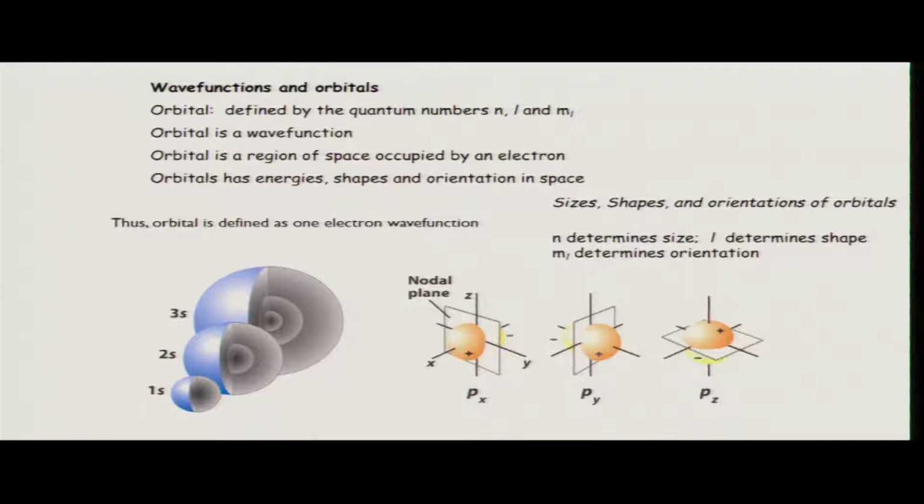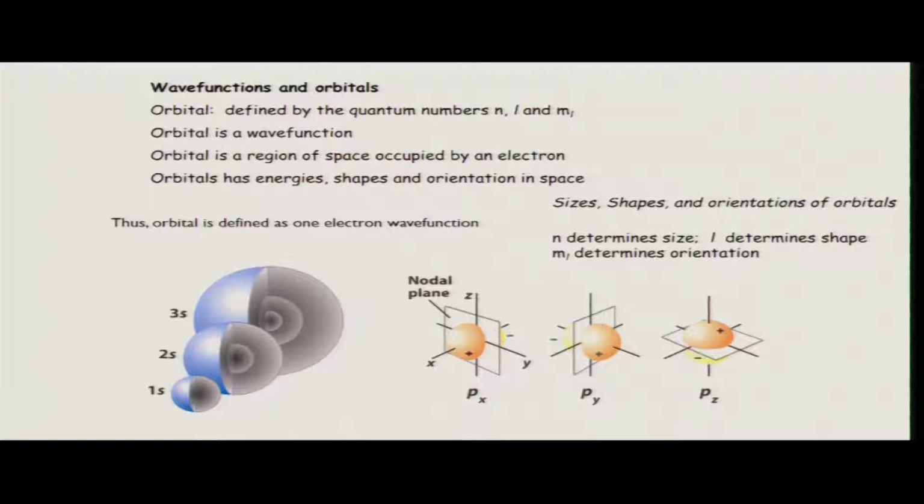Generally speaking, wave functions and orbitals are defined by their quantum numbers n, L and m sub L. An orbital is a wave function. It is a region of space where the electron exists, and it has energy, shapes and orientations in space. Thus, an orbital is defined as a one electron wave function.